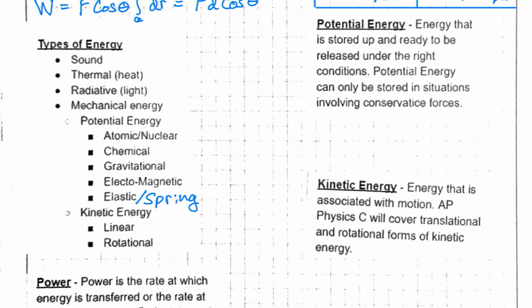So in Physics C, we cover mechanical energy, including potential energy: gravitational, electromagnetic, which we'll get to next semester, and spring. And we cover two types of kinetic energy: linear, where the center of mass is translating, and rotational, where the object is rotating around its center of mass or some other point. And those are the types that are covered in Physics C.